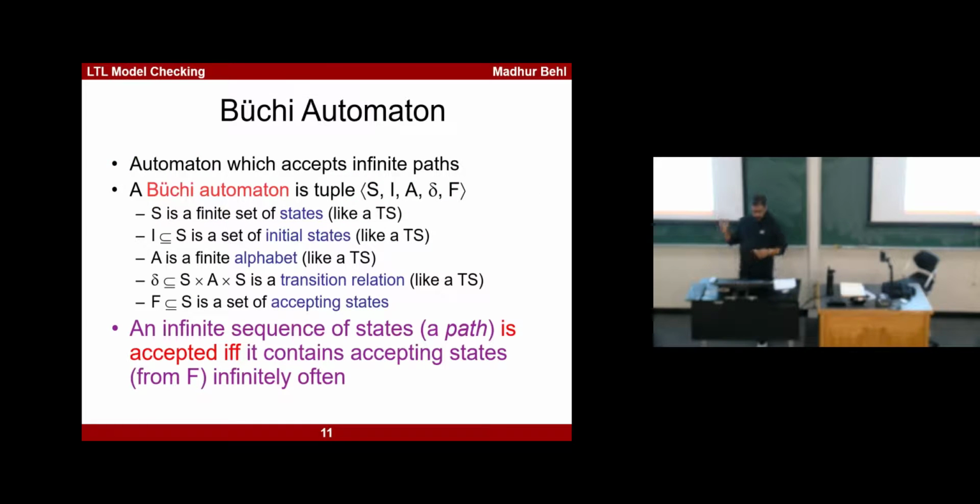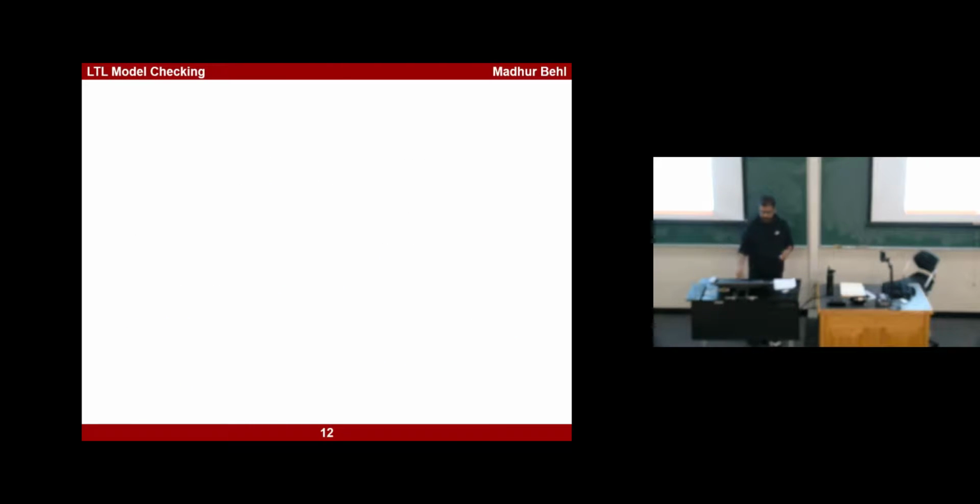So before we get to this definition, let me draw a Büchi automaton just like we drew a transition system. It's very similar. I'll draw some states. Let's say state S0, S1, S2, and S3. And this is my initial state. First of all, we need to define the notion of what is meant by accepting.